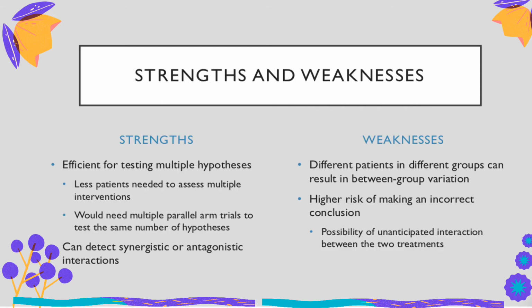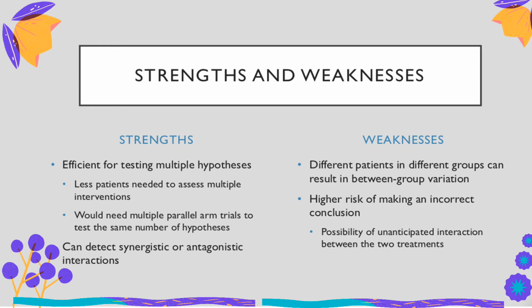So the strengths and weaknesses for factorial trial are the following. For the strengths, it is efficient for testing multiple hypotheses. Fewer patients are needed to assess multiple interventions, and it would need multiple parallel arm trials to test the same number of hypotheses.